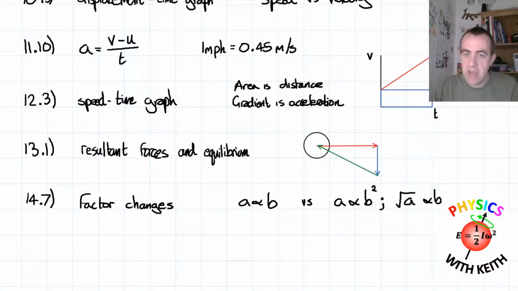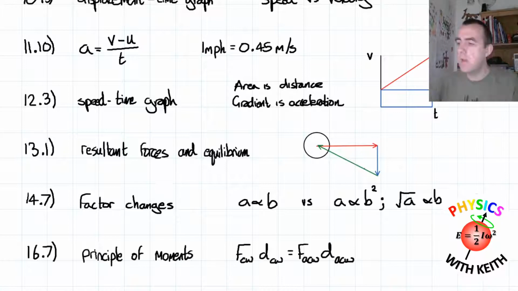If I changed A and wanted to see what the effect would be on B, you'd square root that change. So the square root of 2 is 1.4-ish, so doubling A would only increase B by a factor of 1.4-ish. Quite a tricky sheet, that one, the 14.7 question, but do have a go at it and do use the hints.